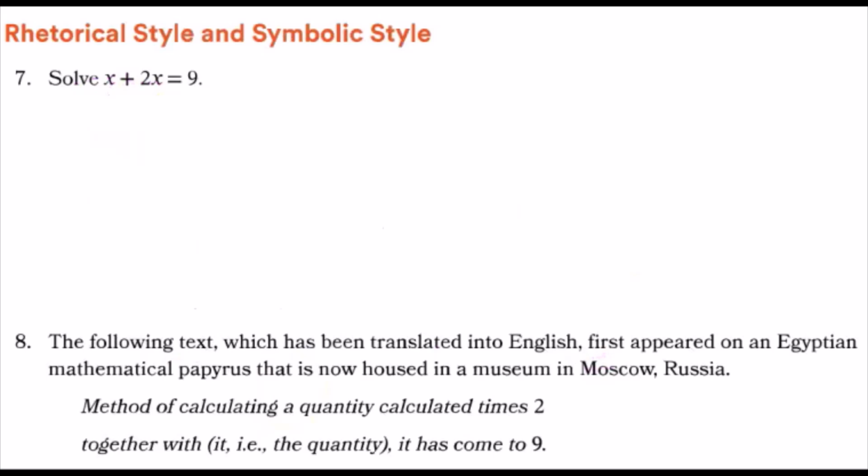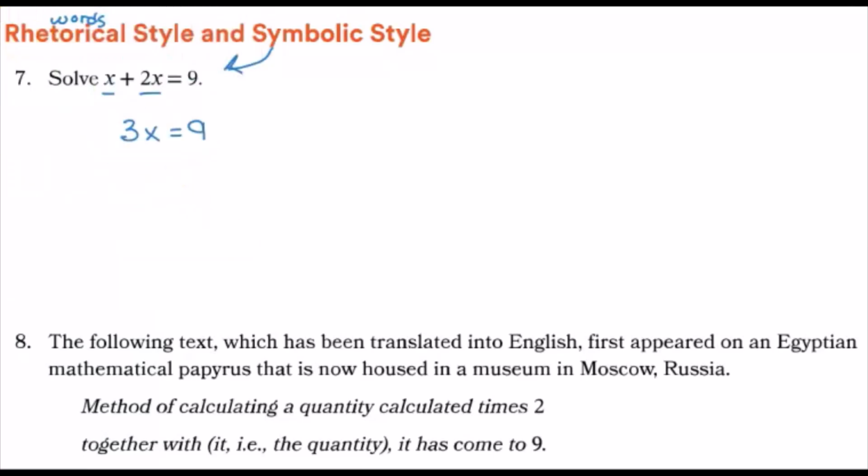Now the verbiage, rhetorical style, is actually new to me, but we're going to roll with it. And I believe it means in words. And symbols is just like this. So if we were to solve x plus 2x equals 9, the first thing we want to do is combine like terms. So if we have 2 xylophones plus another xylophone, that would give us 3 xylophones.